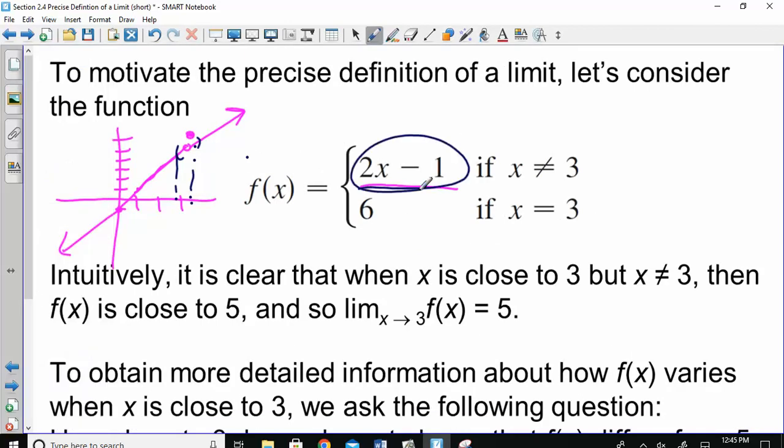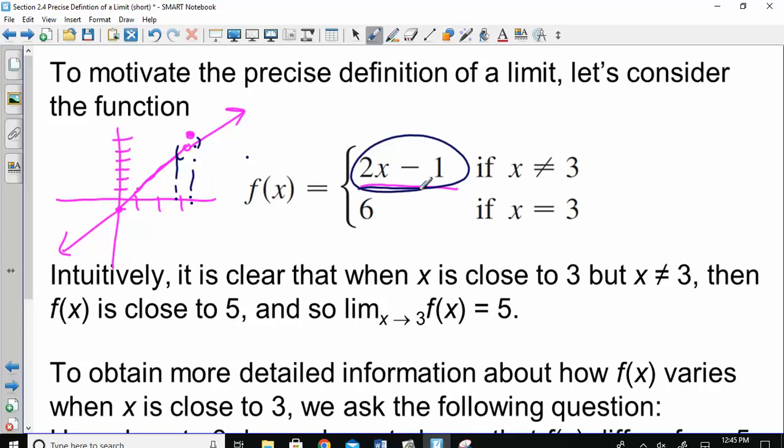So if I plug a 3.2 into this, so 2 times 3.2 minus 1. Should it be 0.05? Yes, thank you. I dropped a decimal, didn't I?